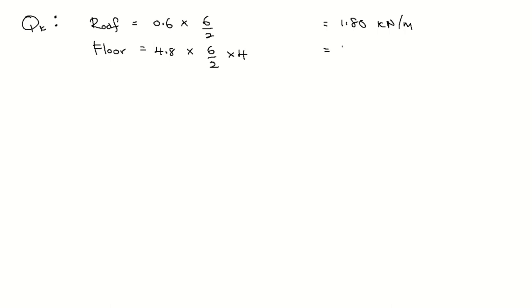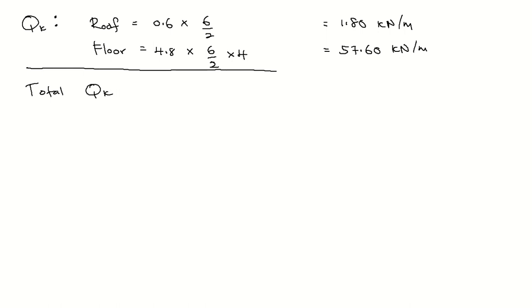So this will bring you 57.60 kilonewton per meter. And lastly, we have the total QK, 59.40 kilonewton per meter.